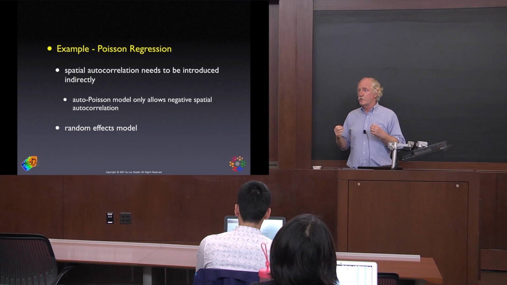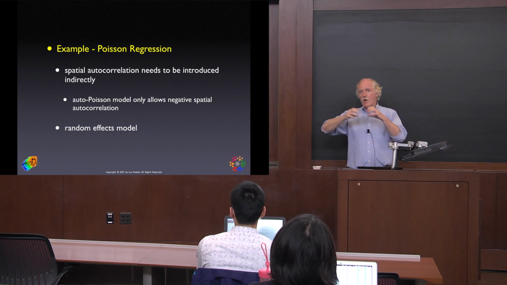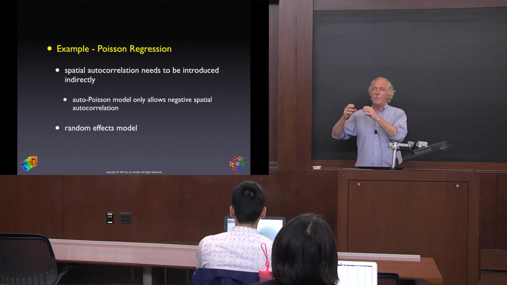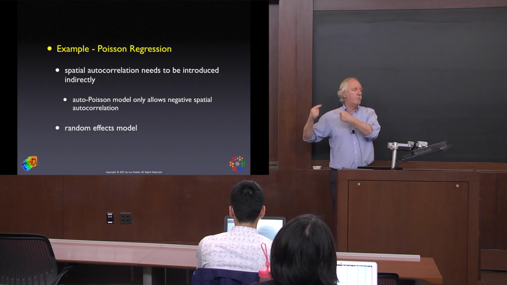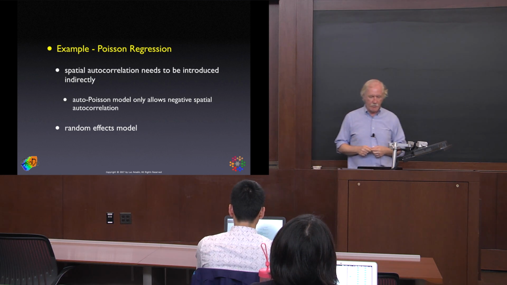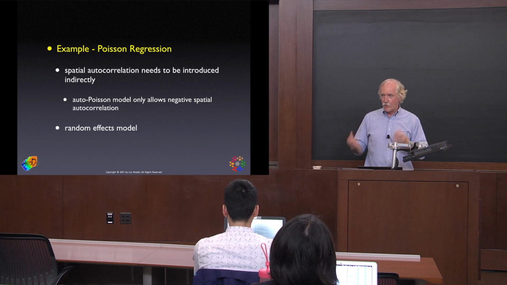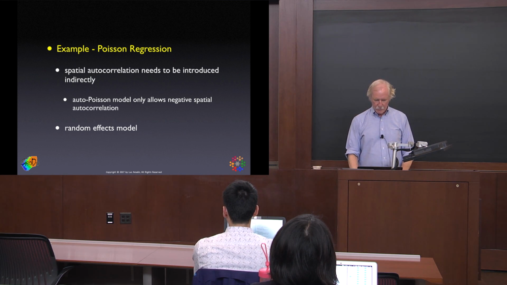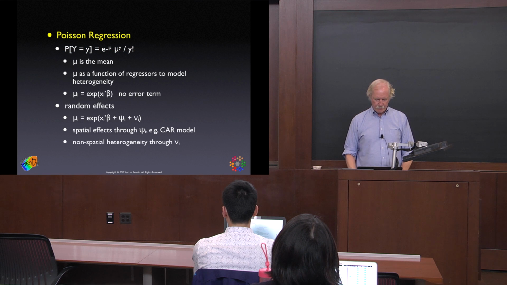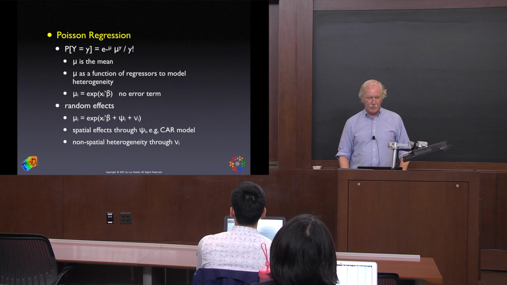Here we don't. Here we move one level away from it, and we model the dependence through the intensity parameter of the Poisson process, in a so-called random effects specification. Let me illustrate this. This is kind of a classic example.